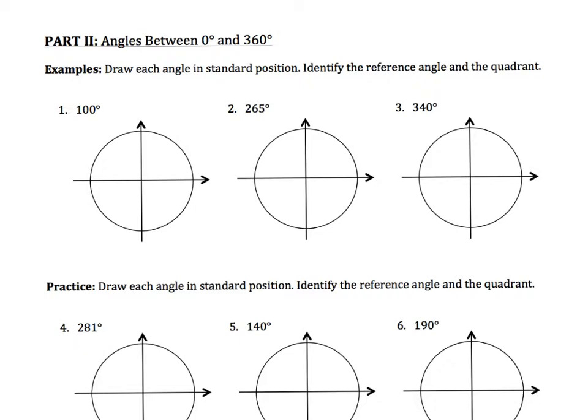Okay, so the instructions are to draw each angle in standard position. Then we're going to identify which quadrant our angle has landed in. Let's just refresh our memory that we start in quadrant 1, 2, 3, 4.